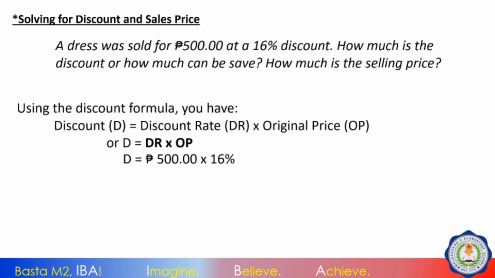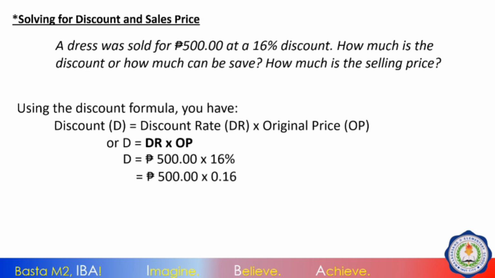Let us now substitute the following terms with the given numbers in the word problem. 500 pesos is the original price times 16%, which is the discount rate. In multiplication, we can change the positions of the discount rate and original price.